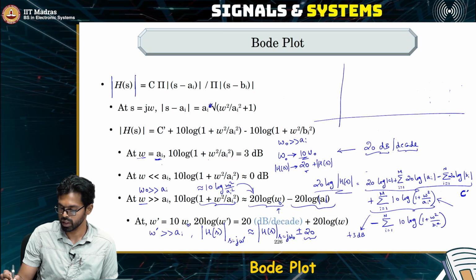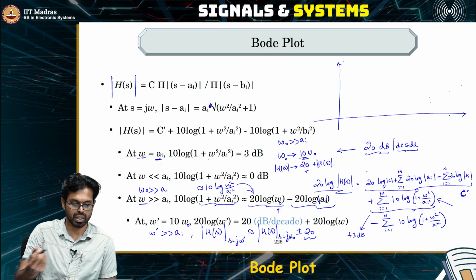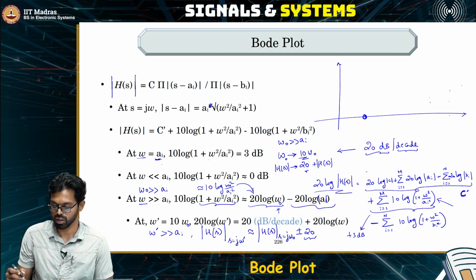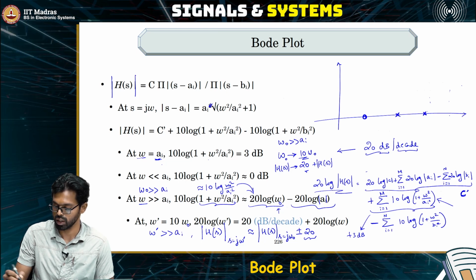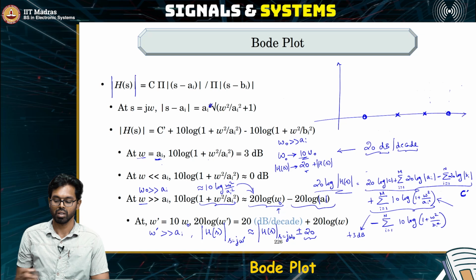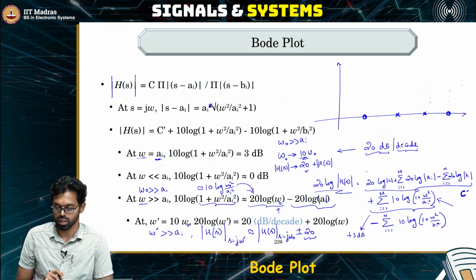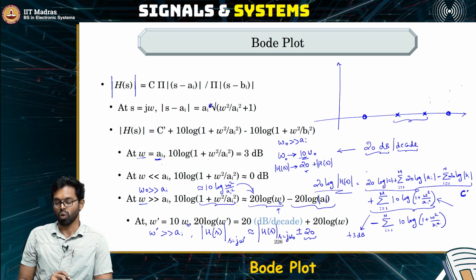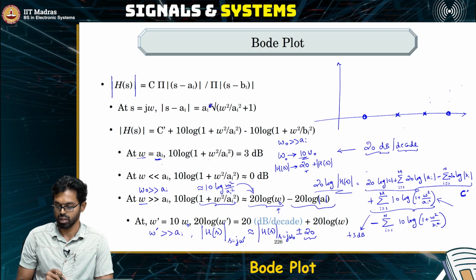Let us say we have been given some transfer function and we know its poles and zeros. For example, let us say there is a zero here, a pole here, another pole here, and another zero here. This is how the poles and zeros of a given transfer function look. This means there is a quadratic polynomial in the numerator and a quadratic polynomial in the denominator.